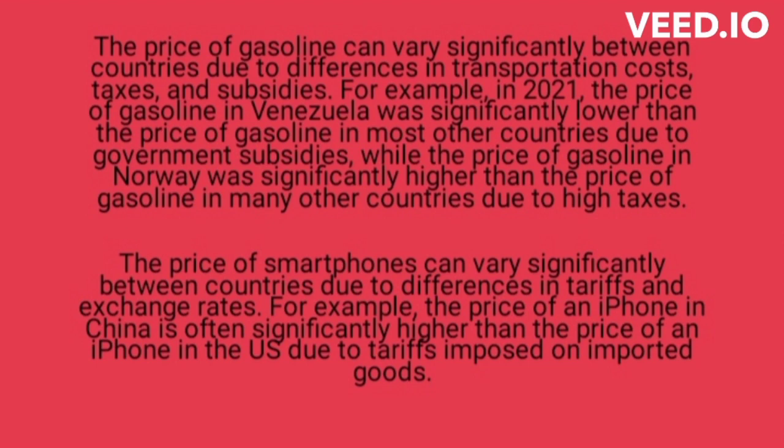For example, in 2021, the price of gasoline in Venezuela was significantly lower than in most other countries due to government subsidies, while the price of gasoline in Norway was significantly higher than in many other countries due to higher taxes.